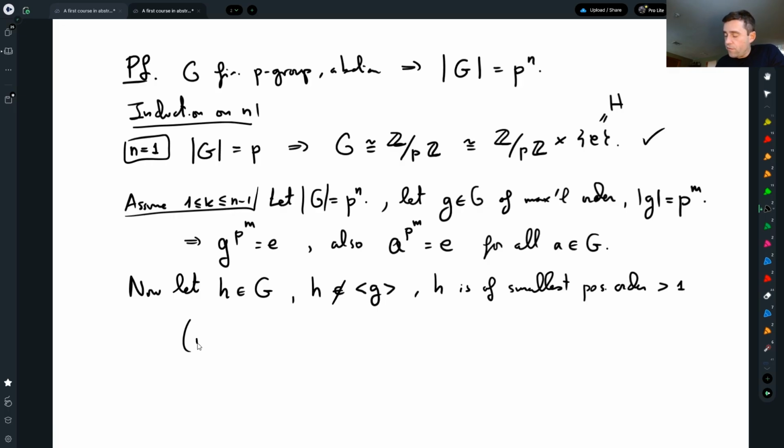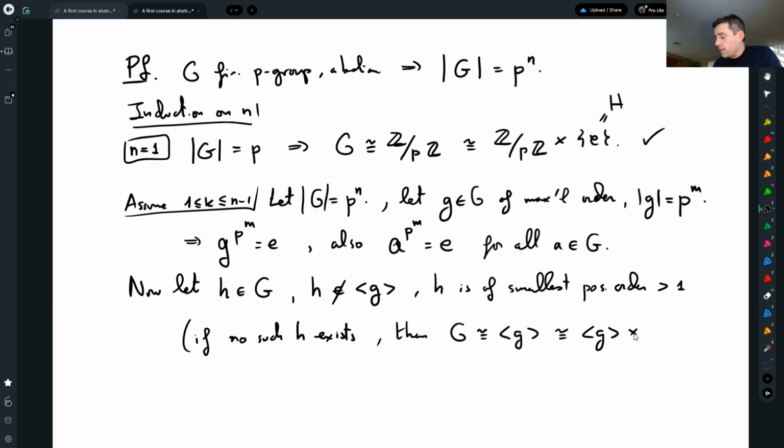Notice that if no such h exists, every element that is not in the subgroup generated by g is identity, then that would mean that G is isomorphic to the subgroup generated by g, which is isomorphic to the subgroup generated by g times the identity. And again, if I call that H, we would be done.